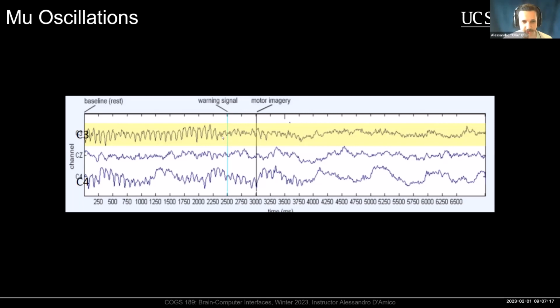So that would be C3. And we do see this attenuation, decrease in amplitude of mu oscillations, but we also see that over the right hemisphere as well. And in fact, you'd see that not only on C3 and C4, but you'd see that across all of the electrodes that are sort of spatially over the motor and somatosensory cortices.